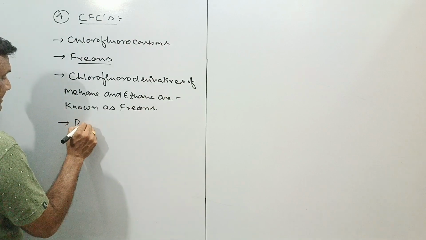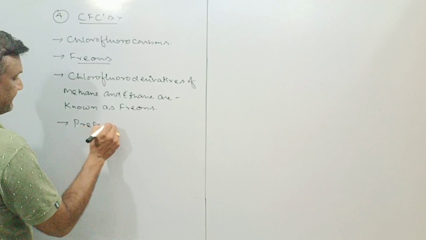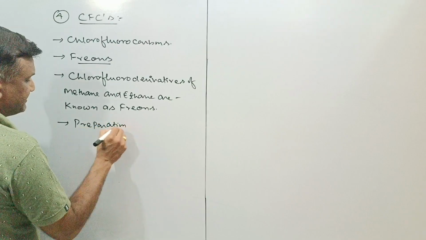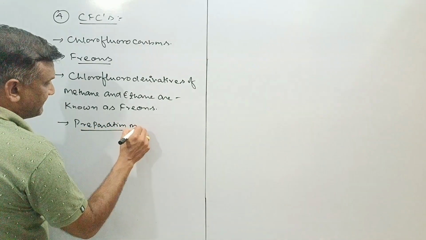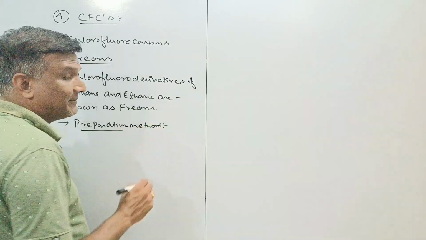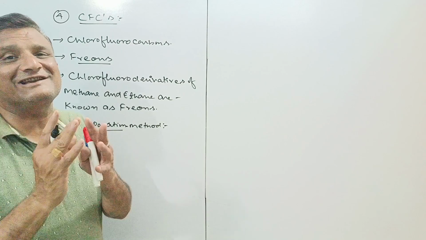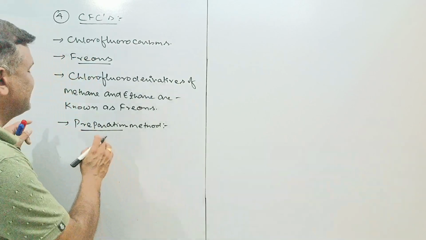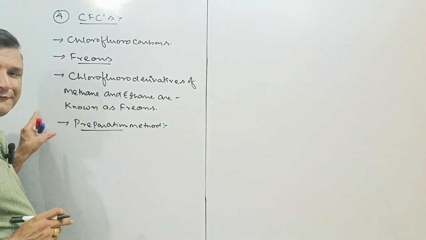First of all, we have to take the preparation method. How can we get chlorofluorocarbon? By using CCl4, we can get chlorofluorocarbon.